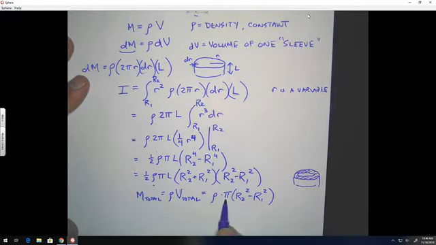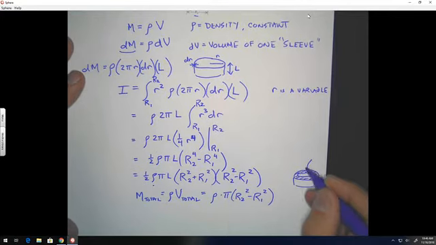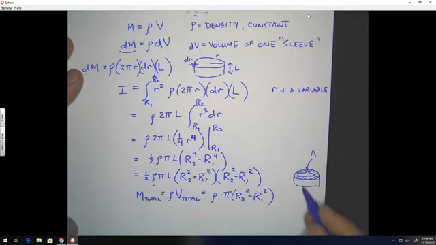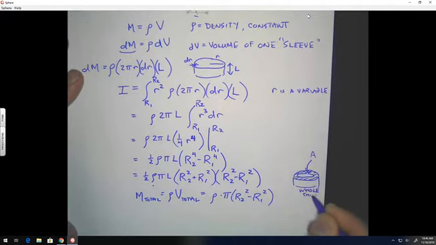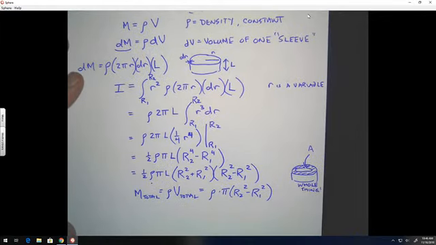So pi times r squared is going to give you that area. And this is not the sleeve, by the way. This is the whole thing. Okay. So you're going to get that area, and then you're going to multiply by L to get the volume of that thing. So rho times pi times this stuff times L is going to be the total mass.